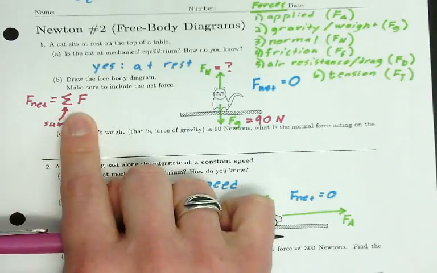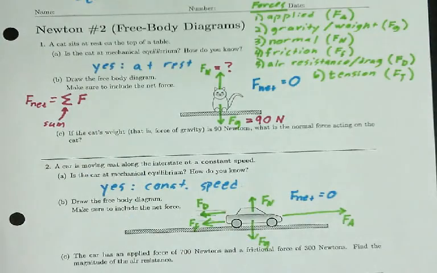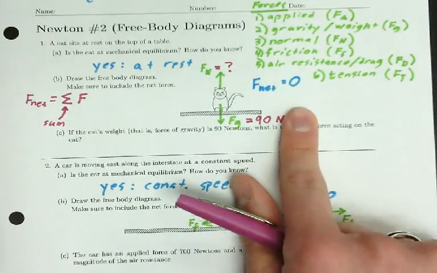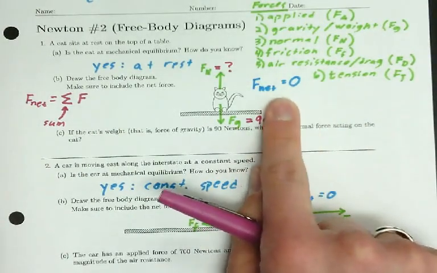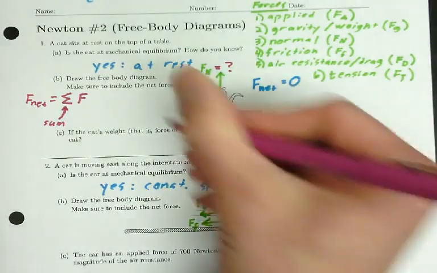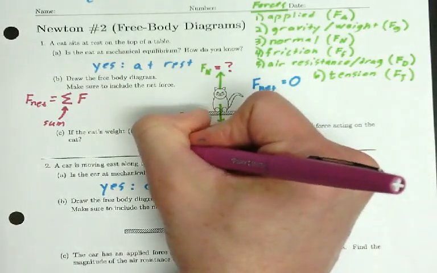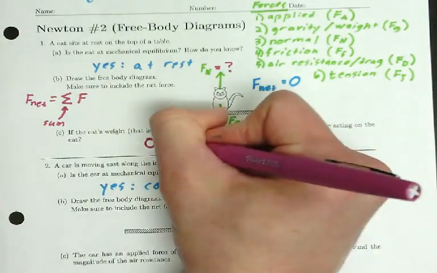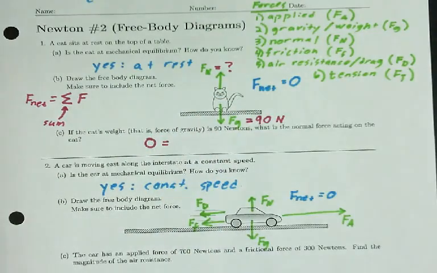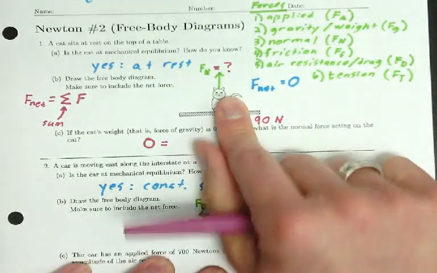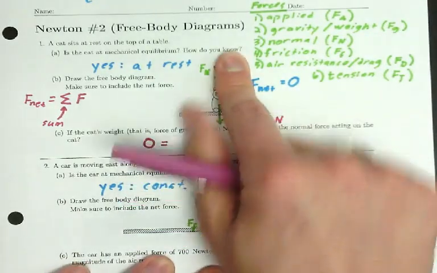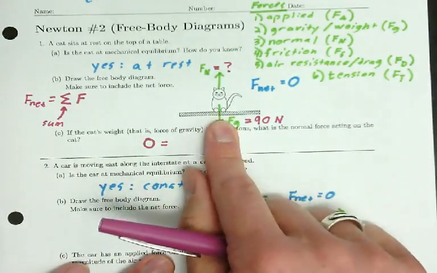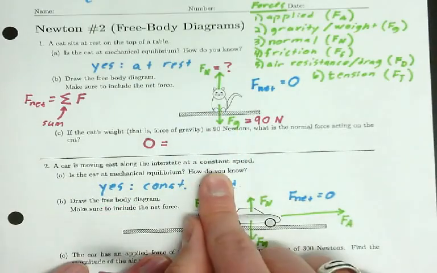That's it. Well, guess what? We already figured out the net force. We already figured out that it's 0. So F net is 0. So what do we do? We add together the forces. All of the positive forces, which are generally thought of as up, and then all the negative forces, which are generally thought of as down.